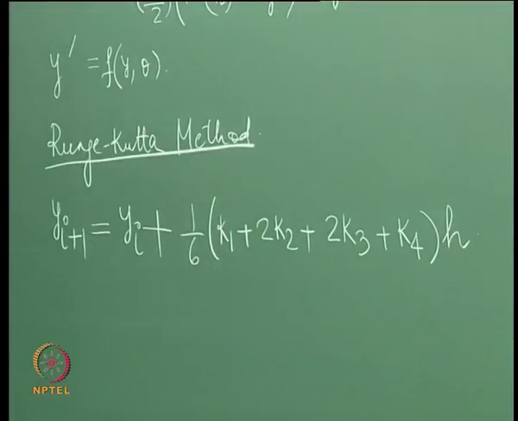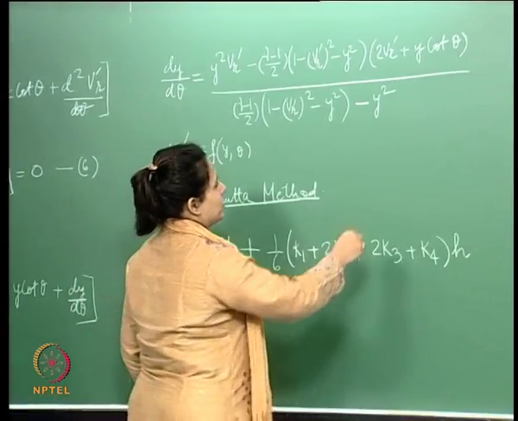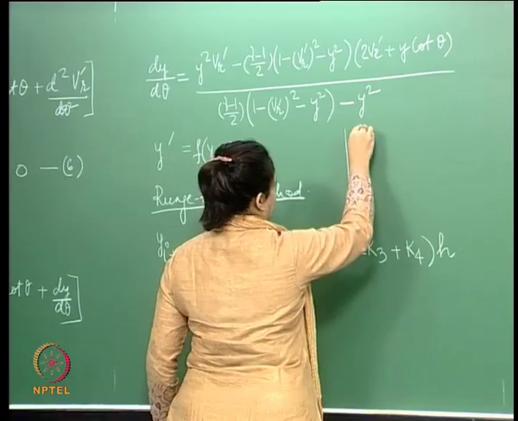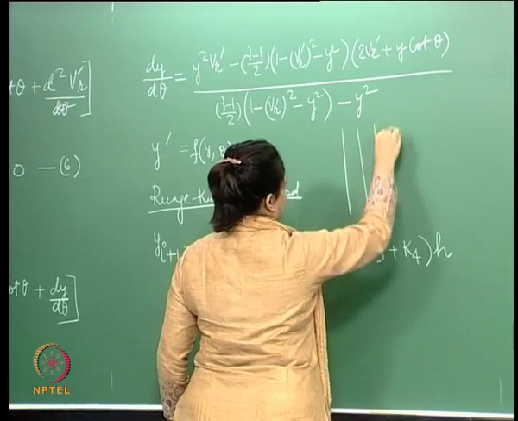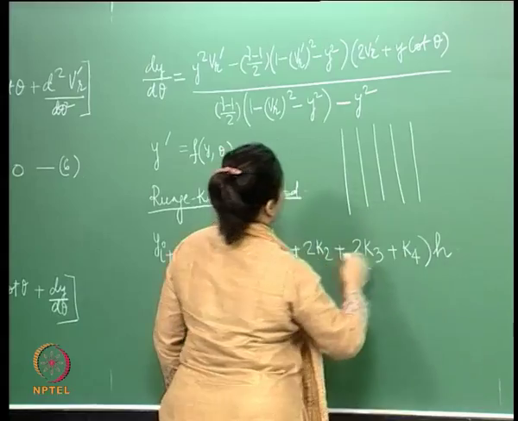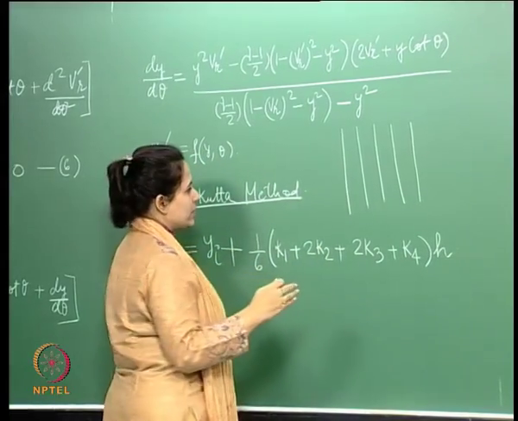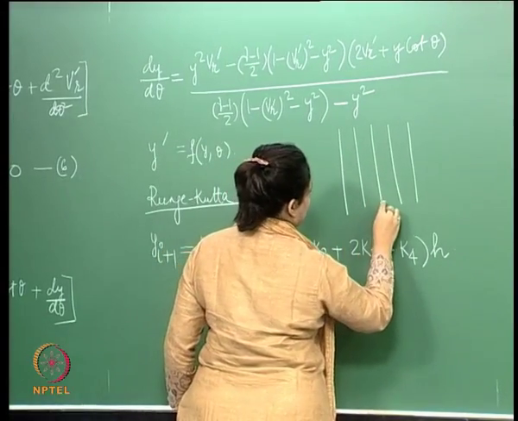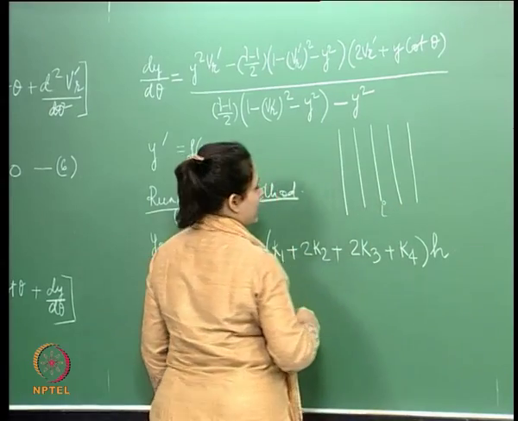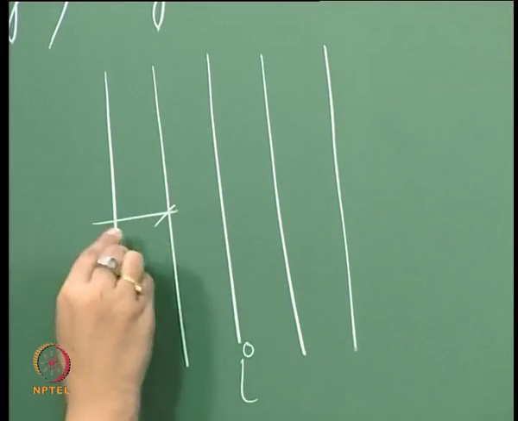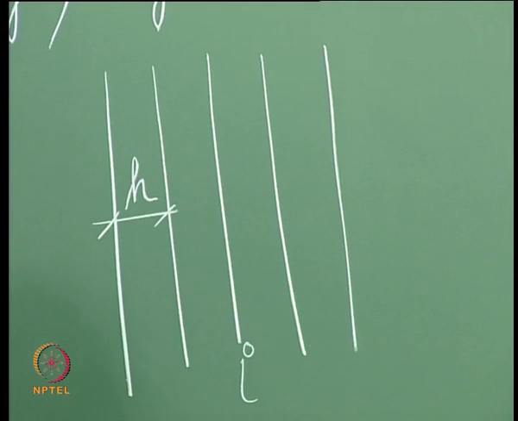So essentially let me do this over here. I have some domain like this. Let us call this i, and these are all equal divisions of length h, and this is my point i plus 1.